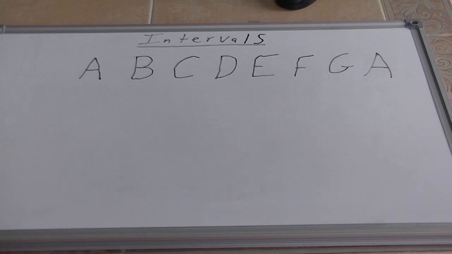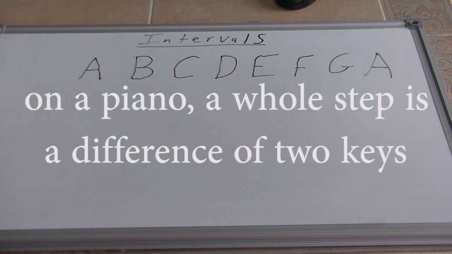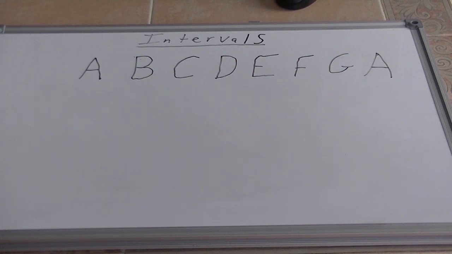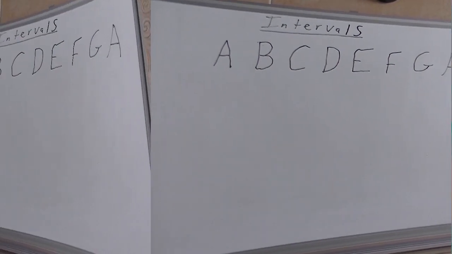So therefore, if we go 2 frets, that's 2 half step intervals, and that would be known as a whole step. So that's the second level of understanding, to see that half step intervals can be combined to create whole step intervals, and also that half step and whole step intervals can be combined to create larger intervals.